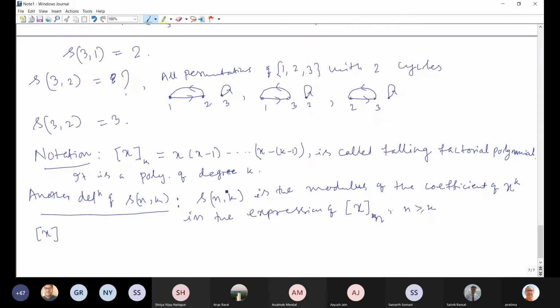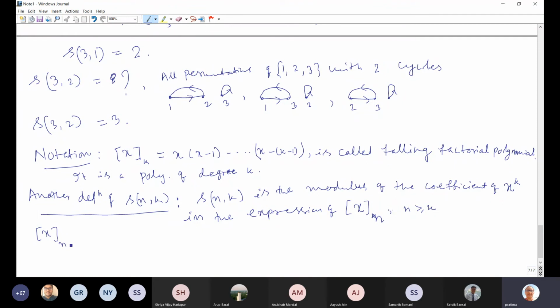So this is the falling factorial of degree n, and we look at the coefficient of x^k. Let us take n equal to 3.